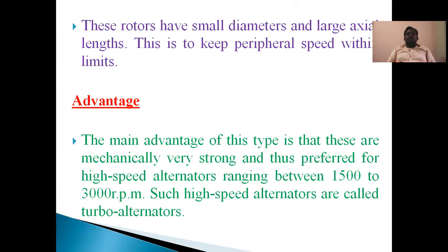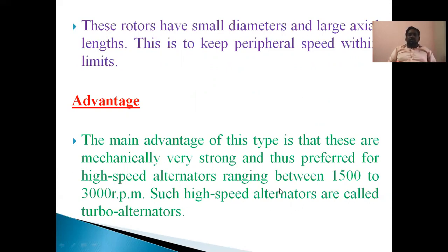Generally, these types of rotors are used in thermal power plants, because in thermal power plants turbo alternators are required. Why? Because the steam has high pressure and high temperature. Due to that high pressure, the force is more, so the speed of the turbine is also more.